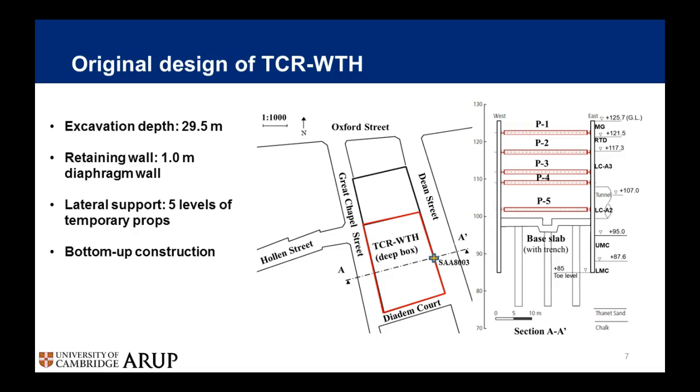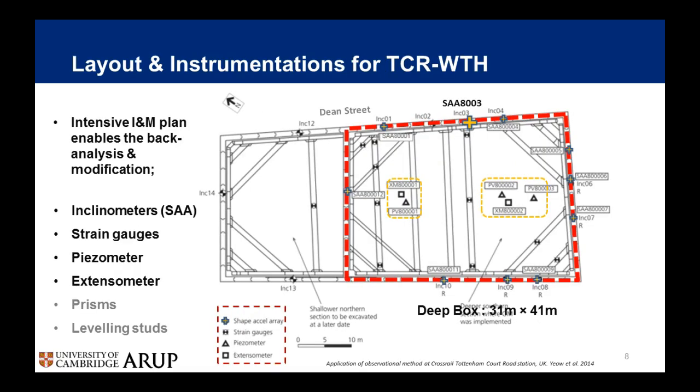So in order to enable this deep excavation, the original design proposed a 1 meter thick diaphragm wall. And on the graph, this cross-section AA shows the 5 levels of temporary props that were required to enable this bottom-up excavation construction.